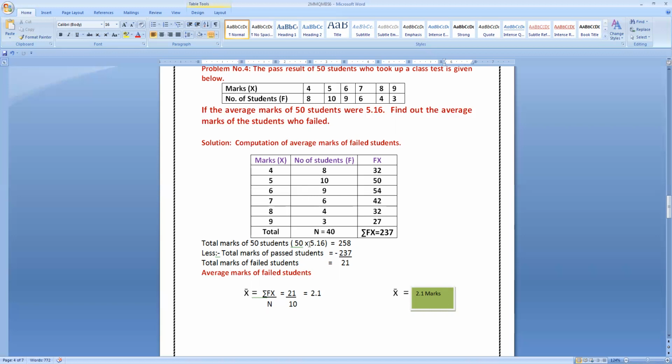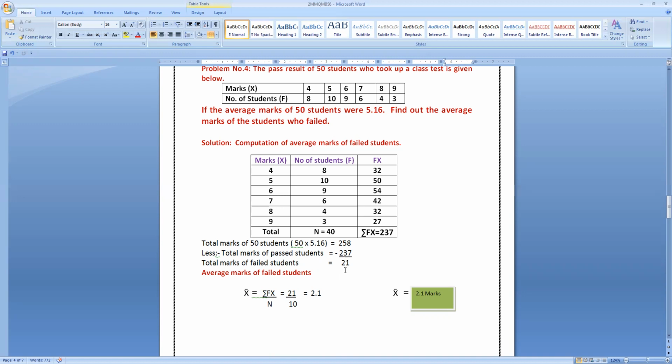So if you want the total marks of the 50 students, we should multiply 50 into 5.16, which is 258. If you deduct the total marks of the passed students, sigma fx 237, we get the total marks of the failed students, that is 21.